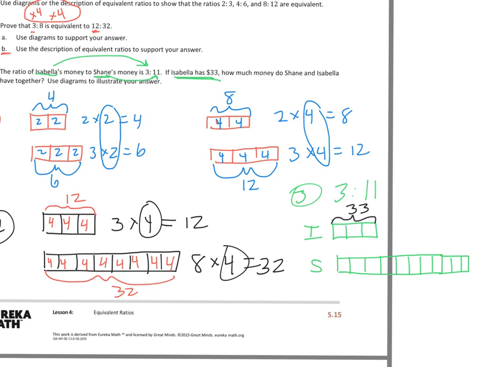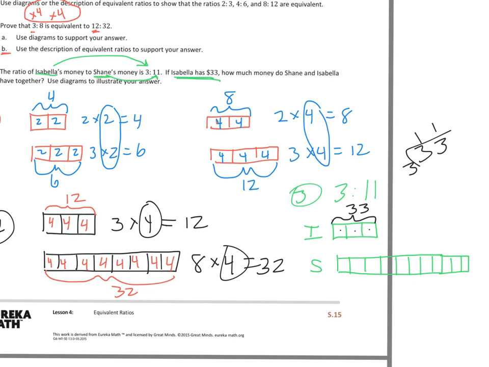equal 33. So now I've got to figure out how much 1 unit is worth. And knowing what we know about tape diagrams, I can take the total and divide it by the number of units. So I'm taking 33 and I'm dividing it by 3 because there's 3 units right here to get 11. So each unit is 11.